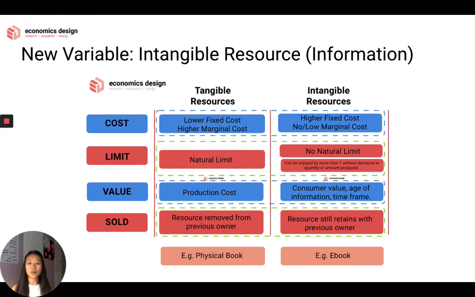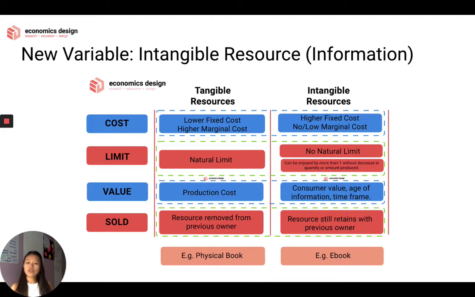But before we talk about the price structure and how it differs today, let's understand a little bit more about the difference in resources or assets. So we have tangible versus intangible. Tangible is the physical gyoza that I make. Intangible is the recipe or the video tutorial that is being shown just now. So firstly, the cost.